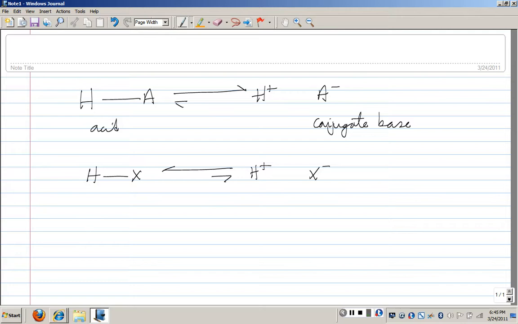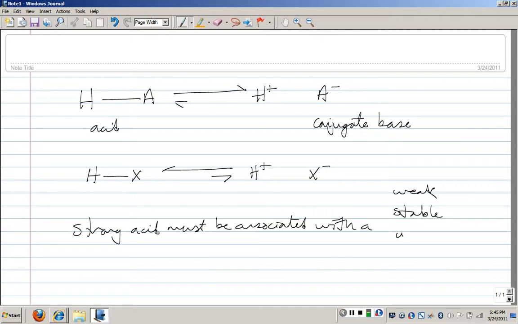So a strong acid, right? A strong acid must be associated with, and I can pick the adjective, a weak or a stable or an unreactive conjugate base.